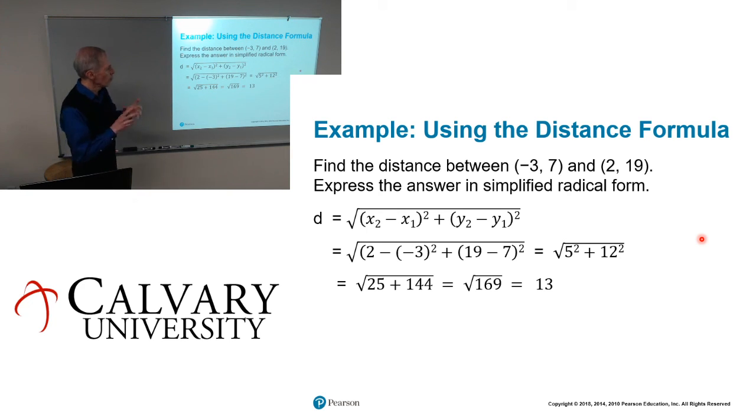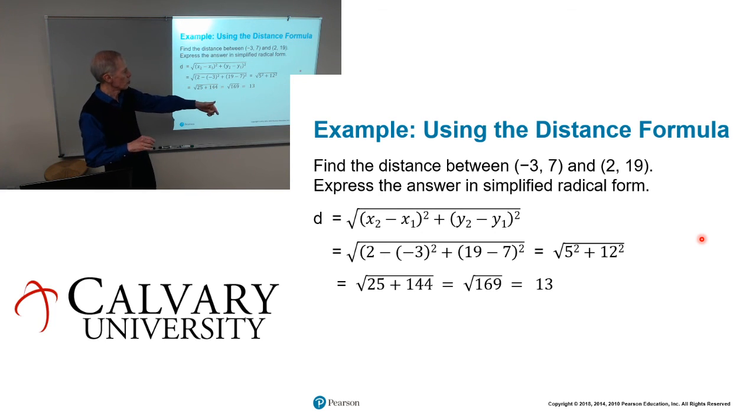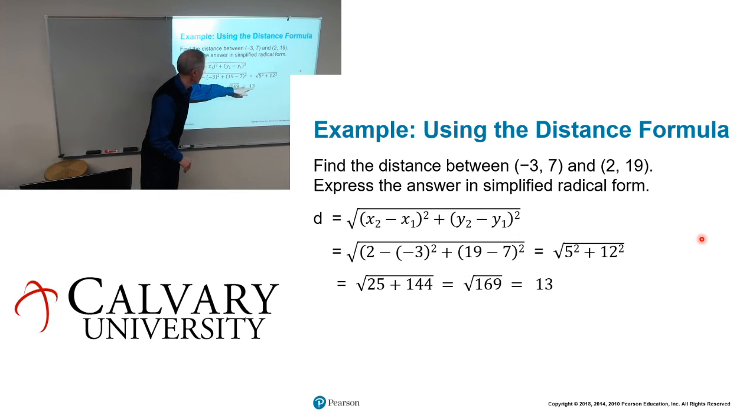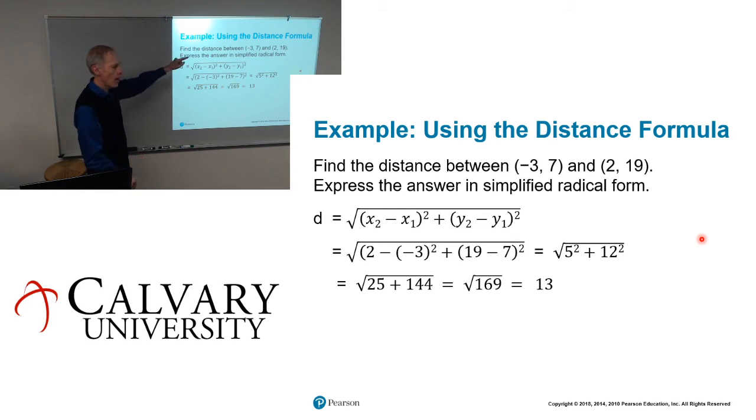And as I said, if you would graph them on graph paper, -3, 7, and then 2, 19, the actual distance of this here would be the length of the hypotenuse of the right triangle, because that's really what's going on.